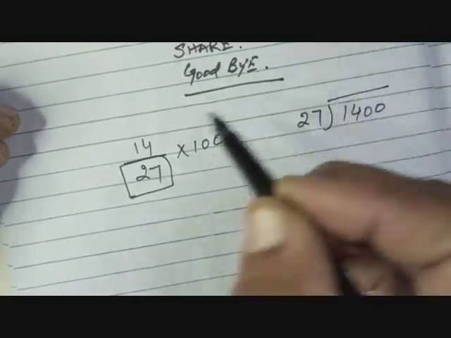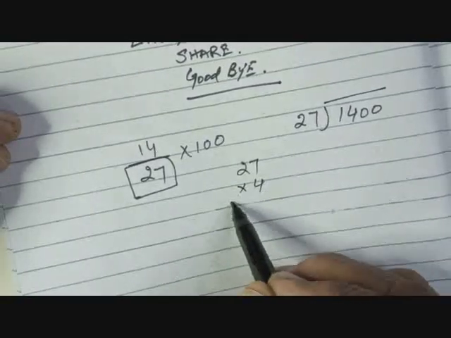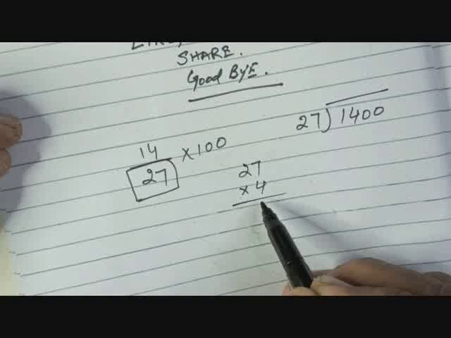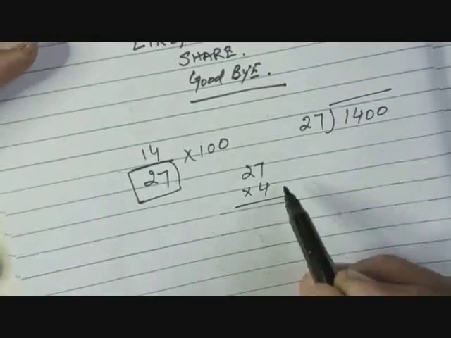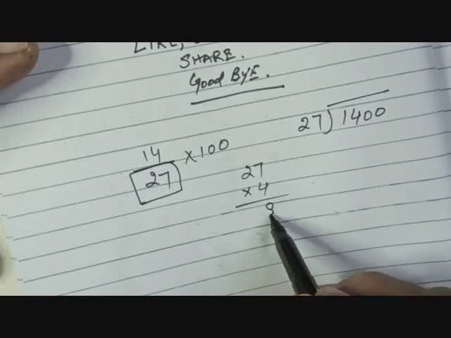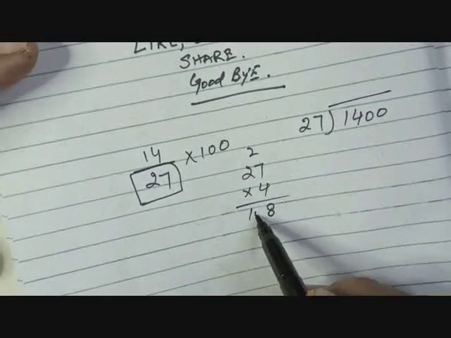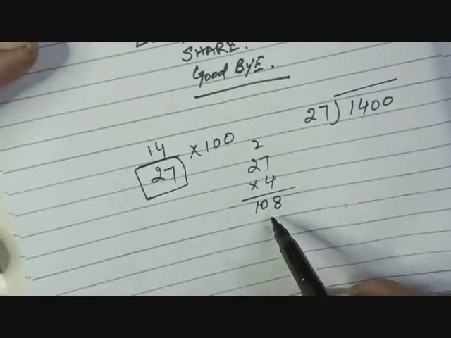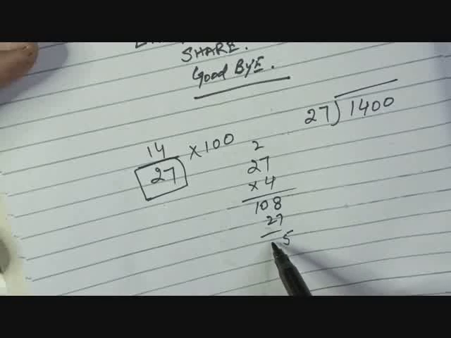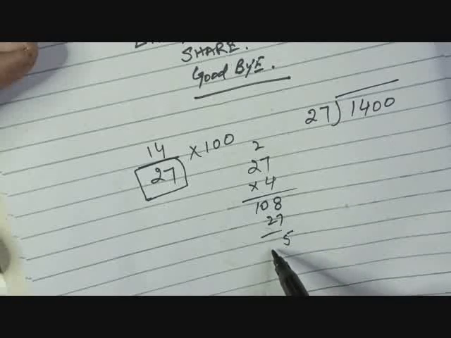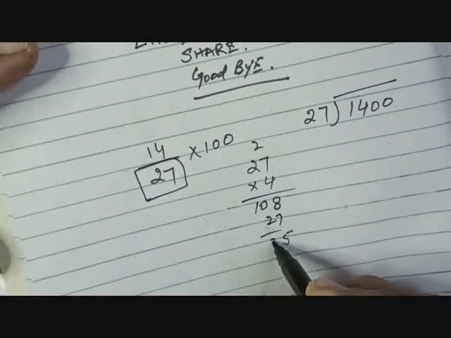Of course, 27 multiplied by 4 times must solve this question. 4 sevens are 28, and 4 twos are 8, and 108. If I try it with 5, it will cross the limits.